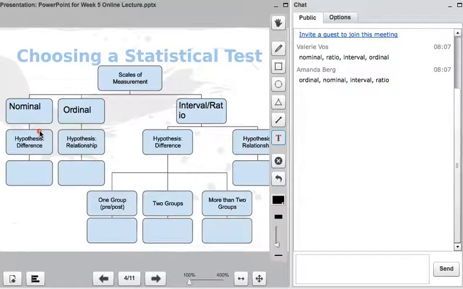Throughout this entire course, we have only studied one type of statistic that can be used with nominal data. And what it does is it tests the difference between two sets of data. What goes here then? What do we use with nominal data that looks for differences?